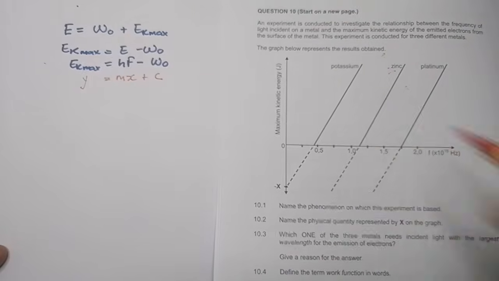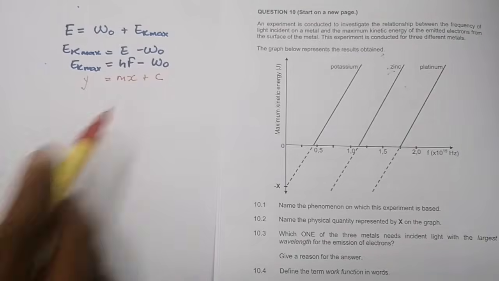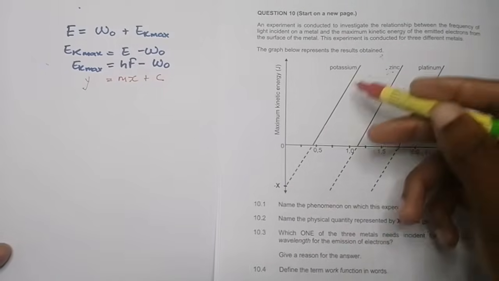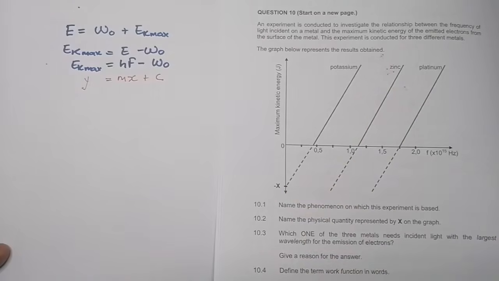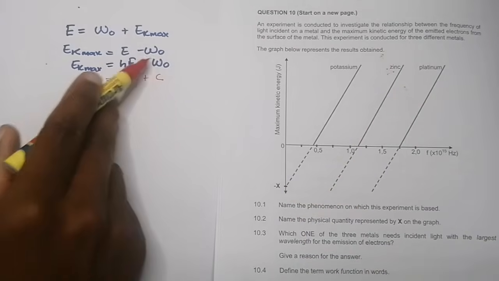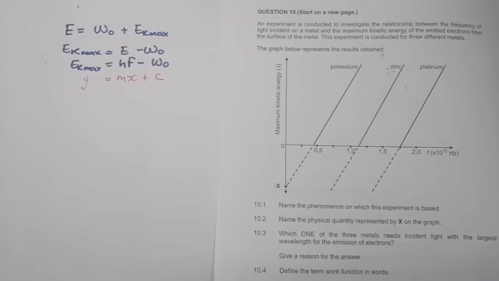So if you're looking at this graph as a straight line, your y-intercept is that value at x. And in this case, what does our y-intercept actually show us? That would be the work function. So I thought perhaps it might be of value just to show you where this comes from, as opposed to just telling you.